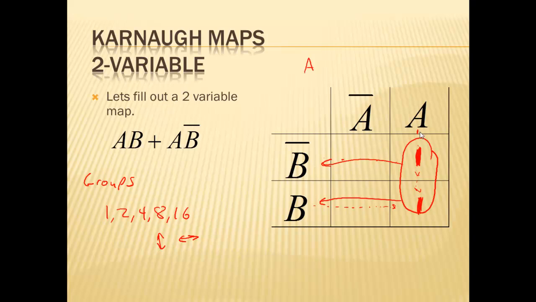So A was by itself, nothing canceled it out, and B naught and B cancel each other out, so we don't write it down, so we're left with A. A is our final variable. So AB or AB naught equals A.